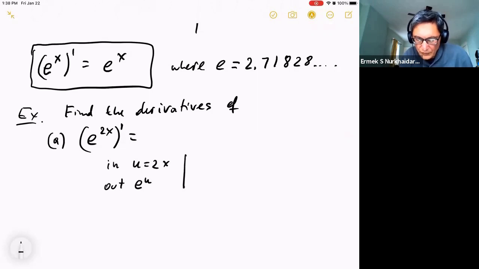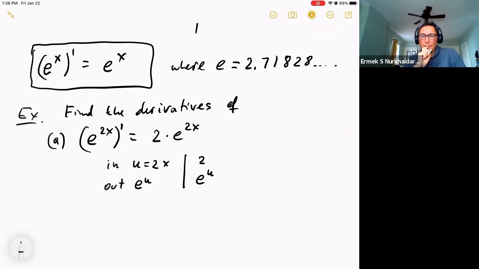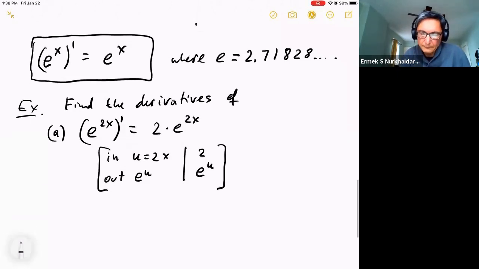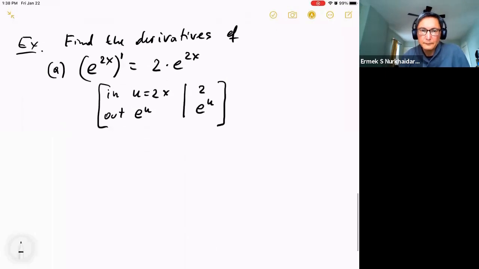So derivative of the inside function is 2, derivative of the outside e to the u is e to the u. So the final answer is going to be 2 times e to the 2x. So that's the chain rule, because derivative of e to x is e to x.